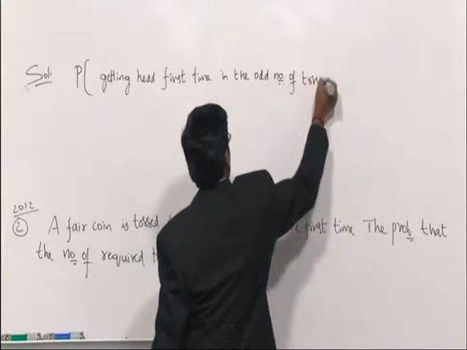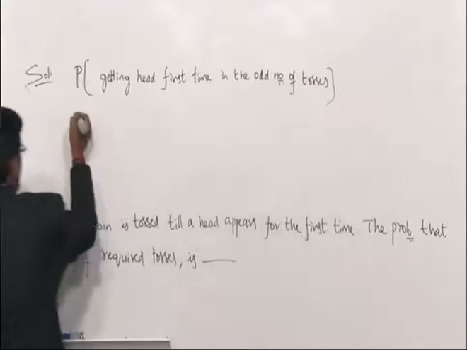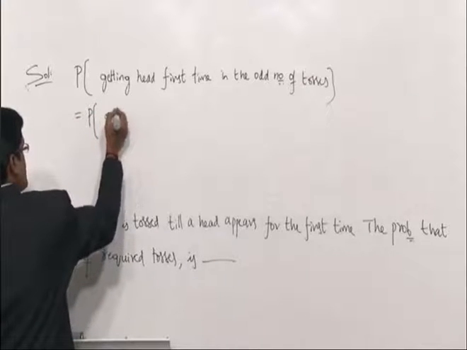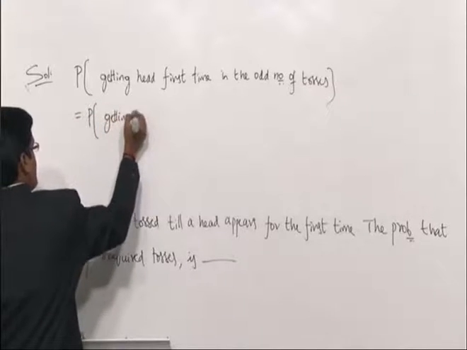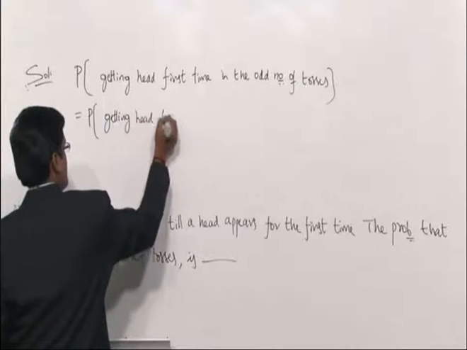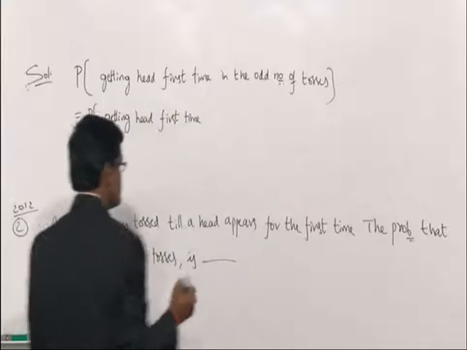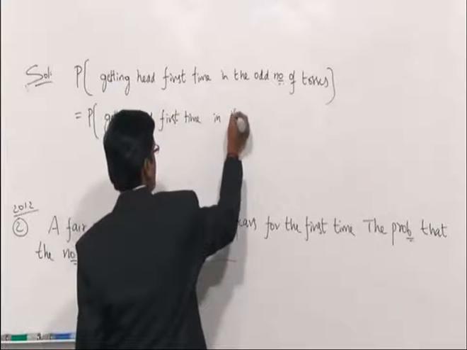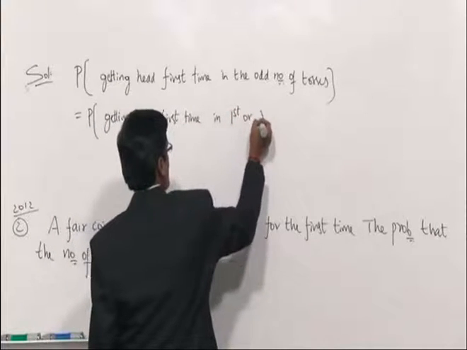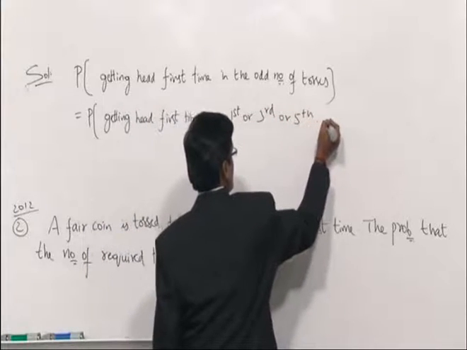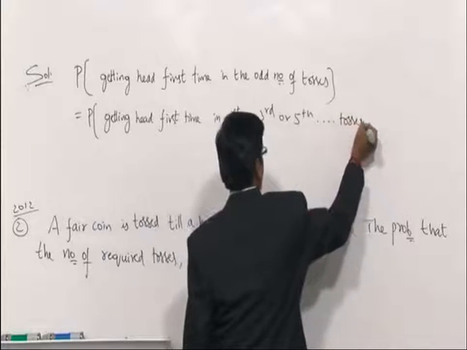This is what we require. This is nothing but P, probability of getting head first time in first or third or fifth, etc. tosses or occasions.